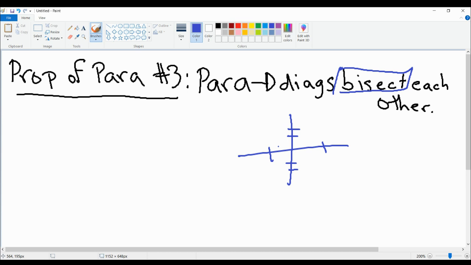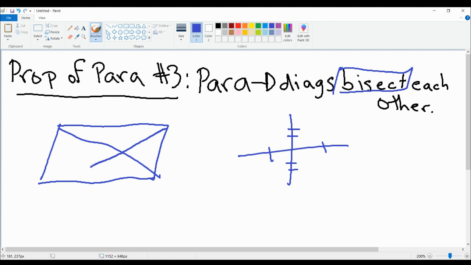The two lines cut themselves in half. So if we were to draw that with the parallelogram, we can see that this diagonal right here would bisect this diagonal. I know they don't look like they bisect each other. It's just my drawing is really bad. But that's basically what it means, that the diagonals bisect each other.